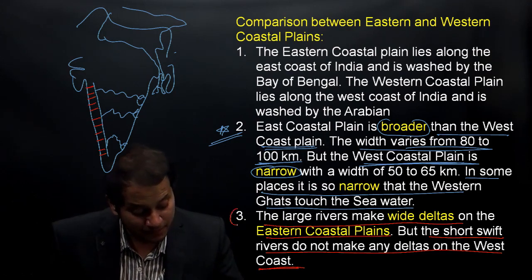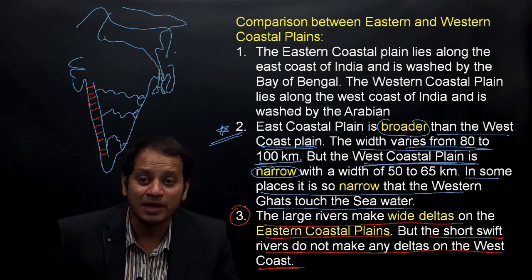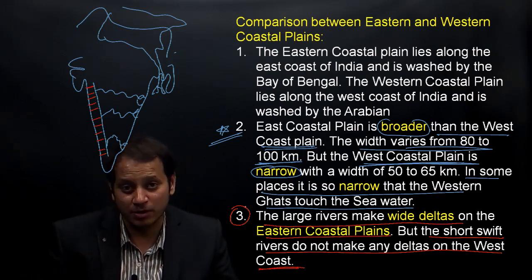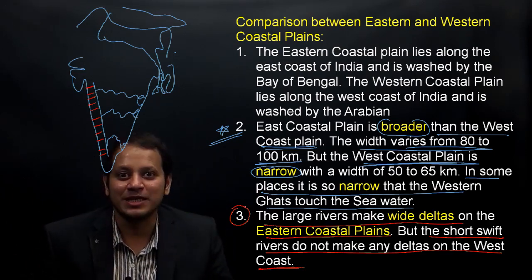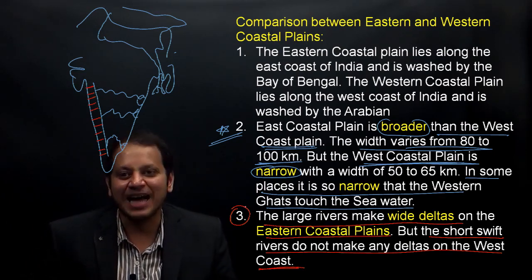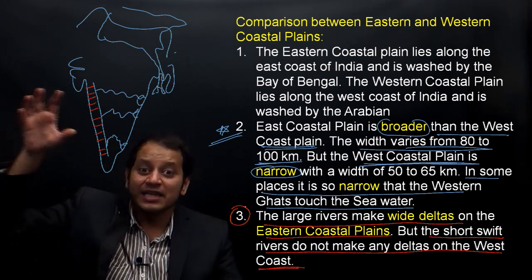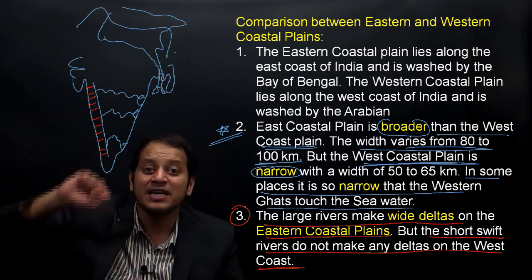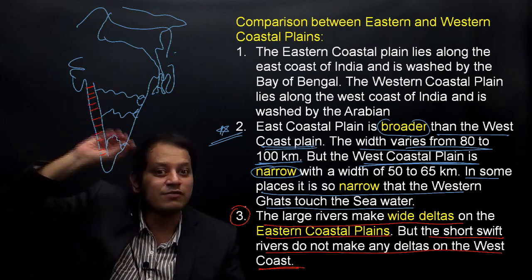That means, the first difference, important from the exam point of view, is which is wider, east coastal plains, which is narrower, west coastal plains. Where are the deltas? East coastal plains. Why? Because there are large and long rivers which flow for a greater distance, therefore they carry large amount of sediments and they deposit these sediments in the eastern coast, that is the Bay of Bengal region, forming a delta.